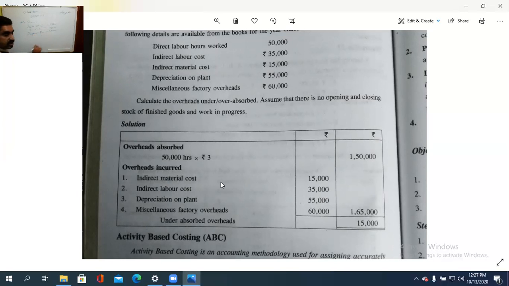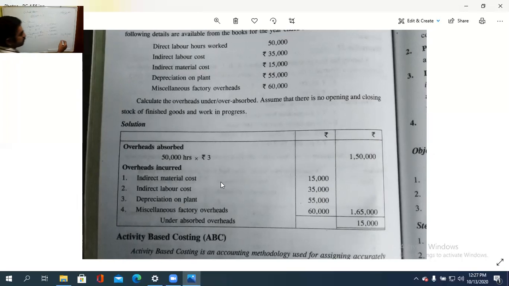Then miscellaneous factory overheads is 60,000. So take the total: 1,65,000. See, this is the overhead actually incurred, and the overhead absorbed is 1,50,000.